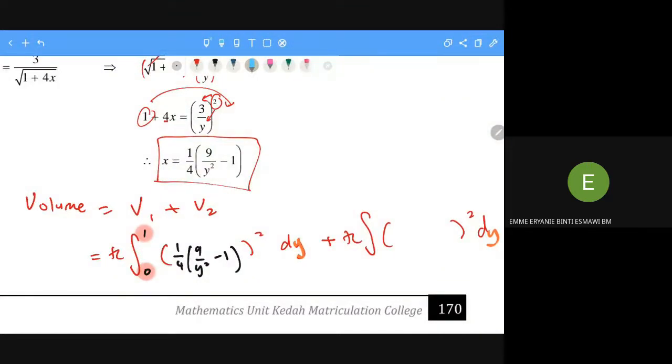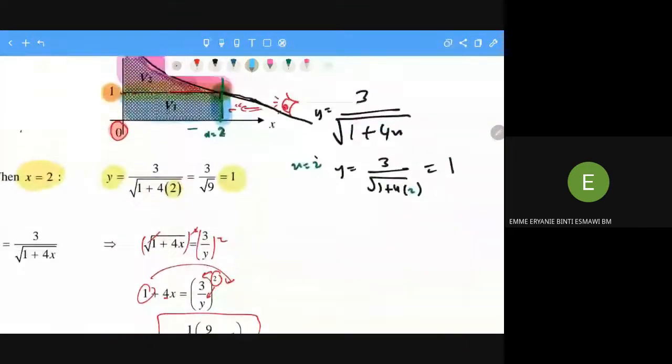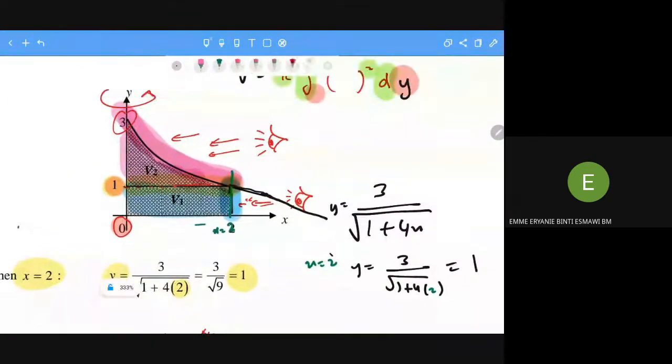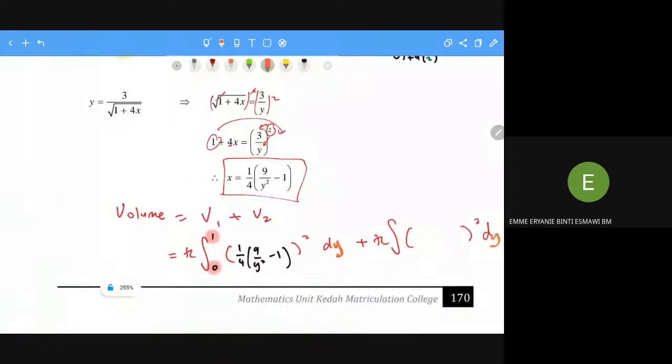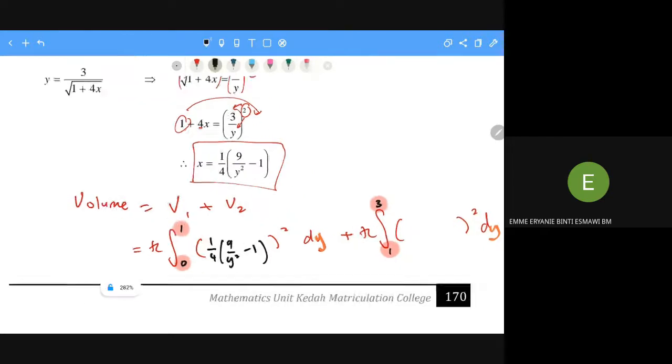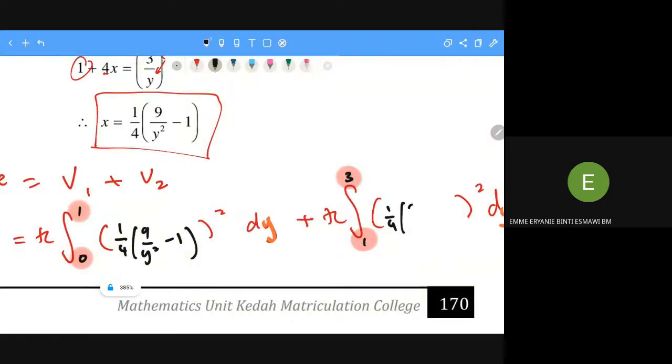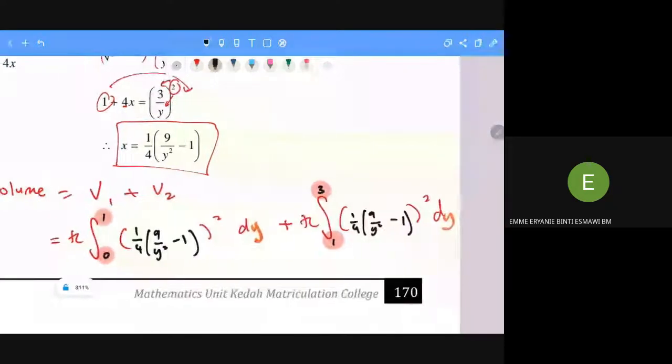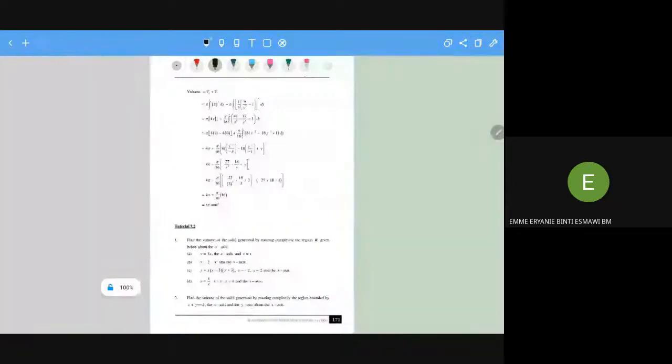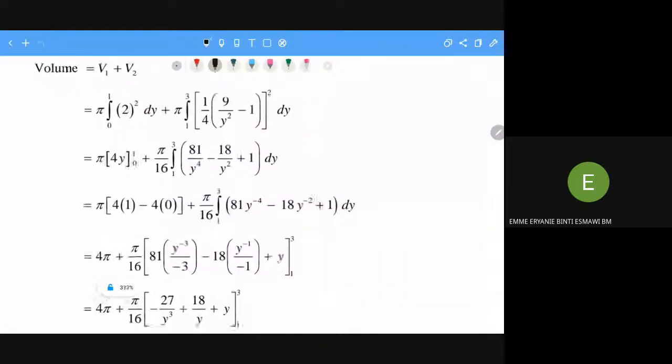Okay. Lepas tu the other volume yang V2 tu pula yang colour pink tu, you see that the limit is from 1 to 3. So kita letaklah limit dia adalah from 1 to 3 kat sini. Okay, and then write down the function 1 over 4, 9 over y squared minus 1. Okay, and then squared. Okay, so itulah yang kita nak kena solve di sini.